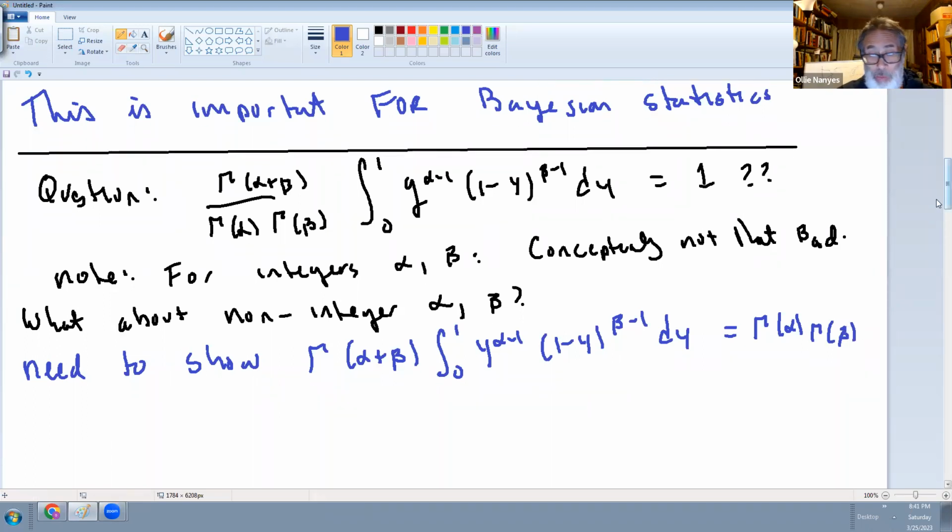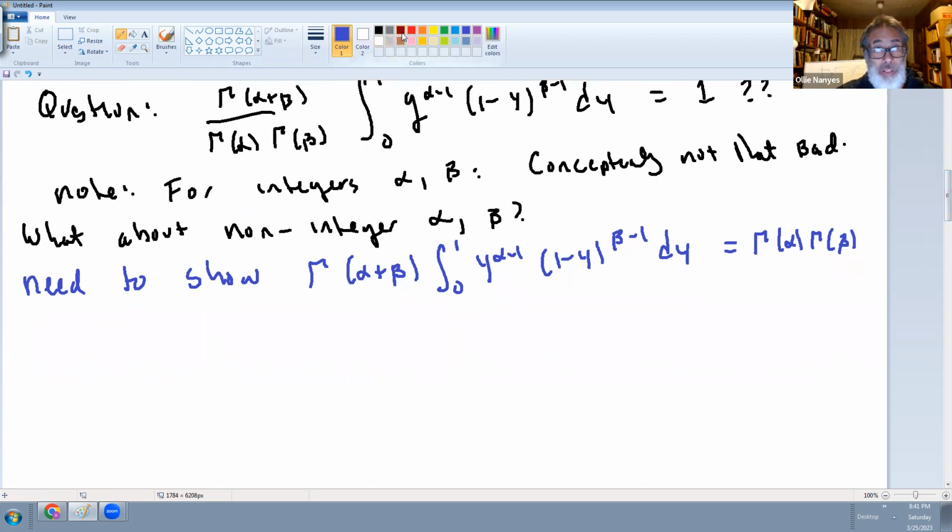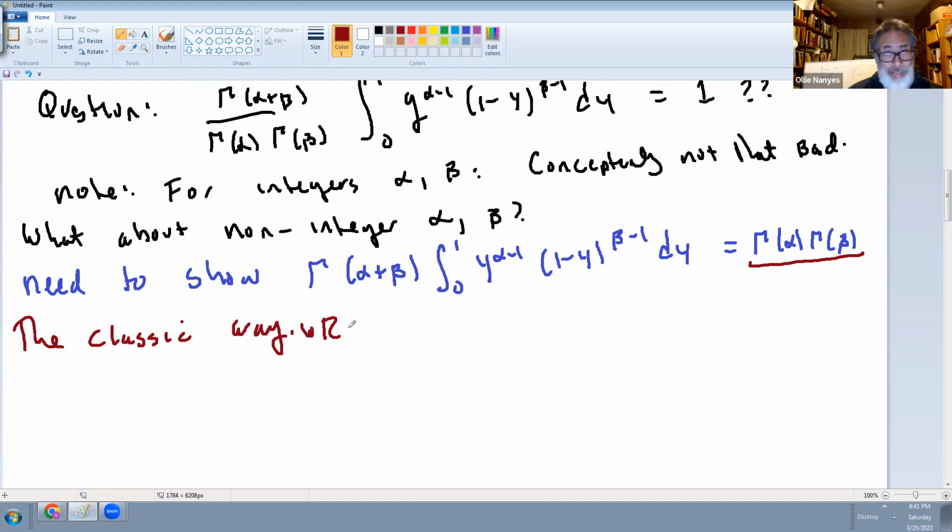That's what we need to show. So the classic way to do this is to start on this side right here, and in fact, that's a very lousy looking colon, so let's just get rid of it. The classic way is basically to work on the right-hand side.